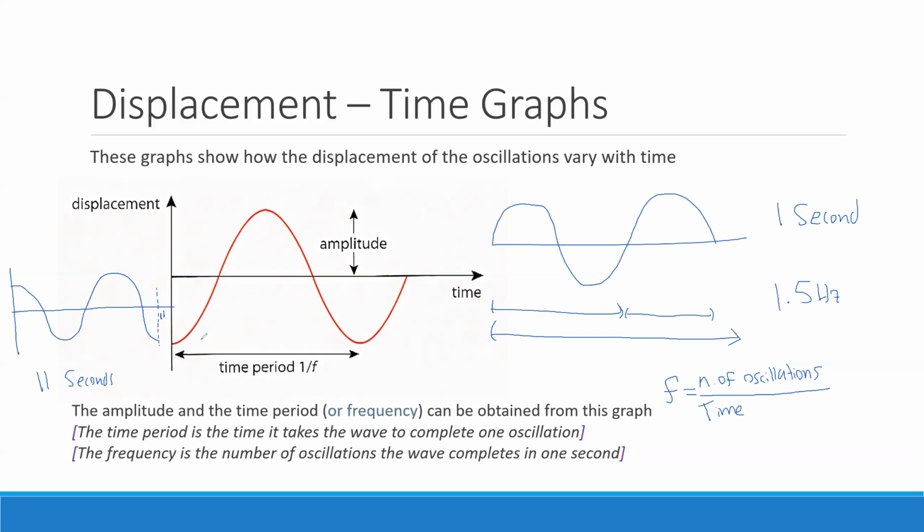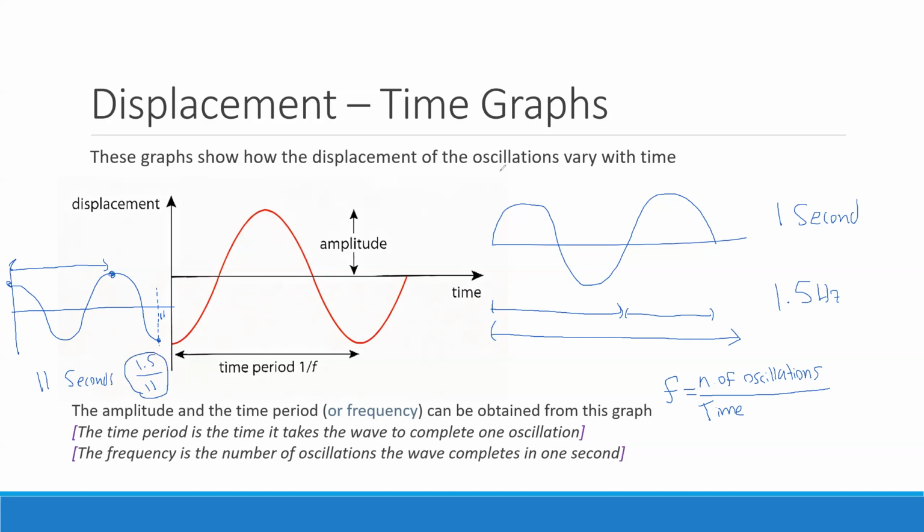And then now it's asking, what is the frequency? So we're going to use the equation. Well, first of all, how many oscillations is this? Well, this is 1 oscillation. And then from here to here is half an oscillation. So it's 1.5 oscillations. So I'm going to do 1.5 divided by how long it took to complete 1.5 oscillations. It took 11 seconds. So your frequency is 1.5 over 11. So that is how you could work out the frequency.